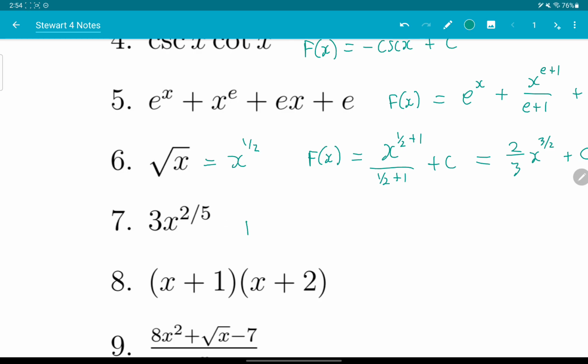So this, number 7, capital F of x, I would leave the 3 out front, and then I get x to the n plus 1 over n plus 1.